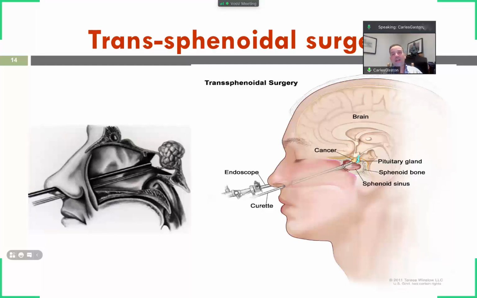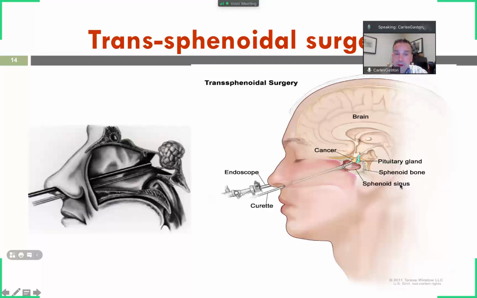And what you can see here is the transsphenoidal surgery using endoscope. Now, this is what is used now, but before they used to use craniotomy. And even craniotomy, opening of the entire brain, is still used in certain very aggressive tumors. So what you can see here, they put the endoscope through the nose, right? And there is obviously a little bone that needs to be broken, which is called the sphenoid sinus.